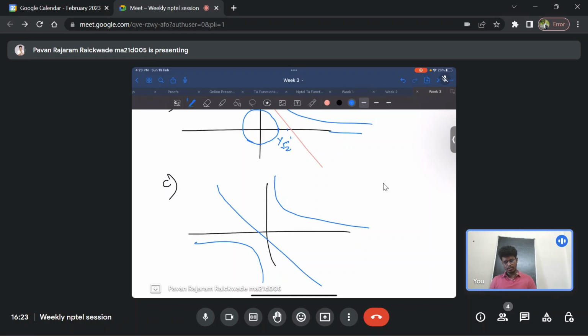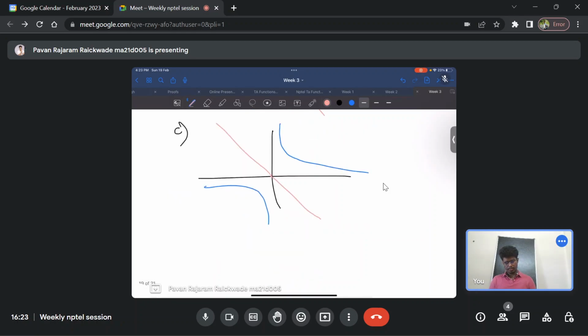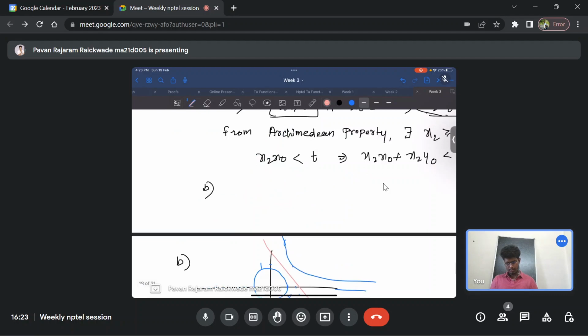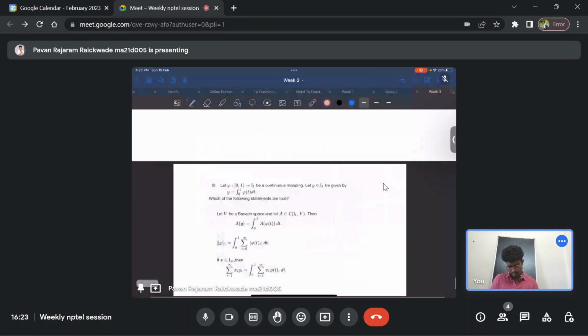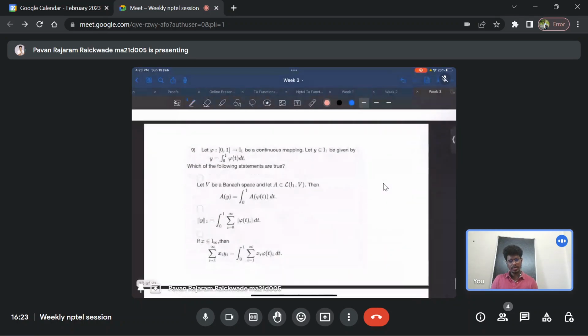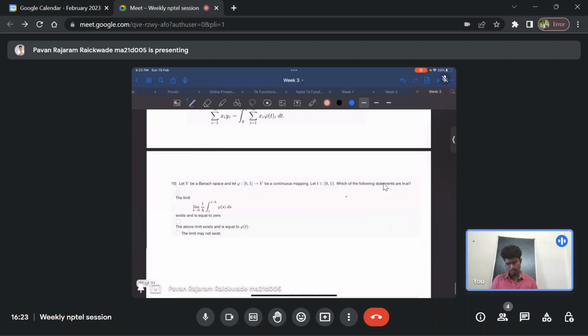Also you can draw the line y equal to minus x maybe. This line separates these two curves. So option number C is also correct. Question number 9, I actually have some doubt, so I'll discuss it maybe in the next session. We'll go on to question number 10.